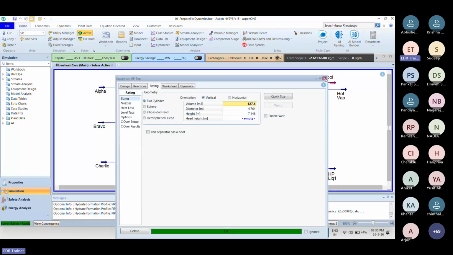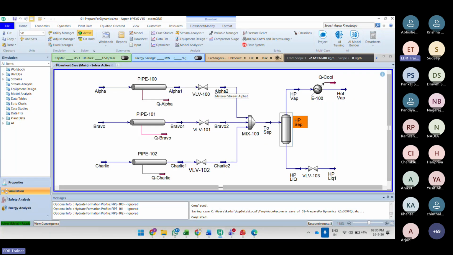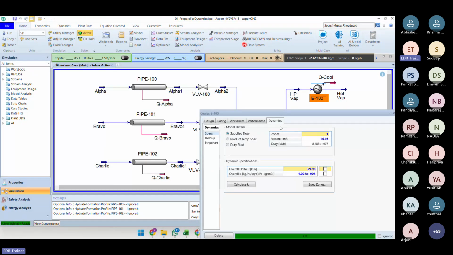The next thing is basically giving it for the cooler, which is the next equipment. If I open this cooler, again in the dynamics, you can see here there is a volume. Because again the volume is very important in this particular case, you have to give the volume here.